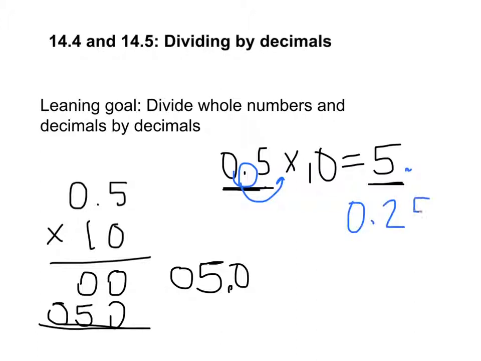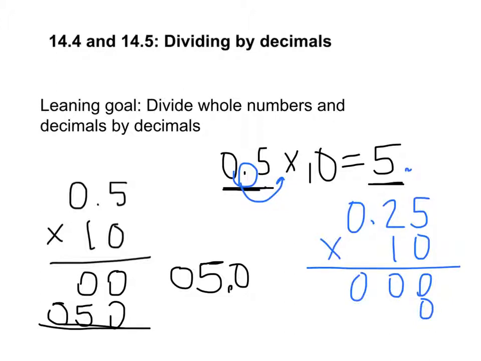Let's try 0.25 times 10. Okay, what's 0 times 5? 0, right? 0 times 2 is? 0 times 0 is? 0. Good. I put a 0 here for the ones or for the tens. 1 times 5? 5. 1 times 2? 2. Okay. 1 times 0? 0. Add it all up. 0, 5, 2, 0.